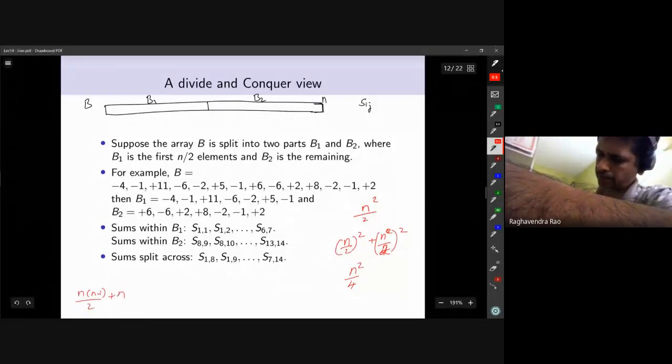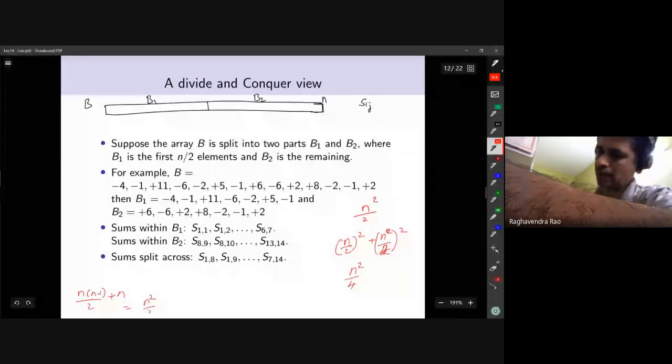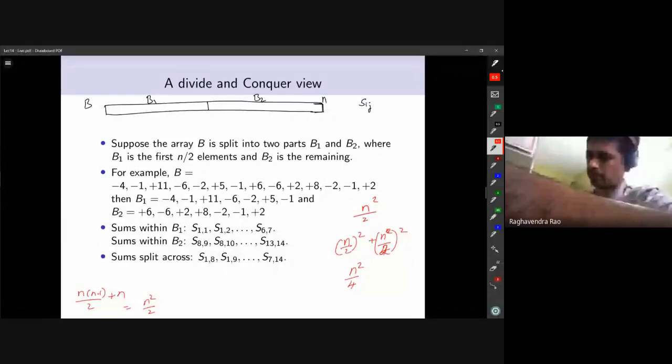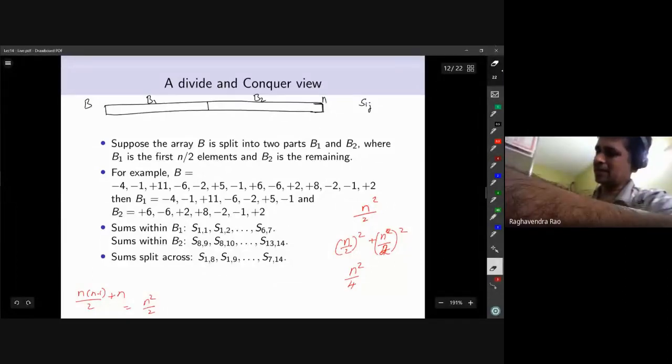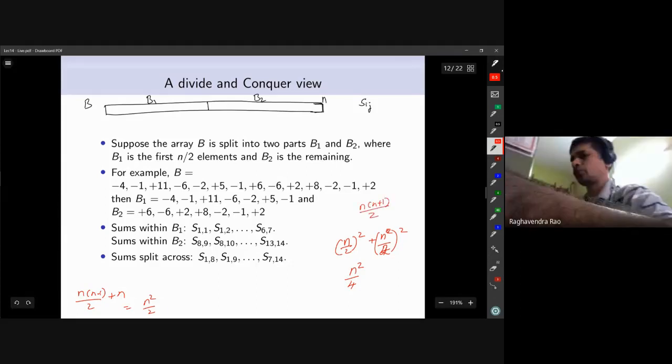So it's n into n plus 1 by 2. Is that right? Yeah. So this is not exactly n square by 2, because otherwise it would have been cheating, because we already have the count here. So it is n into n plus 1 by 2. Yeah, sorry, it's not n square by 2.